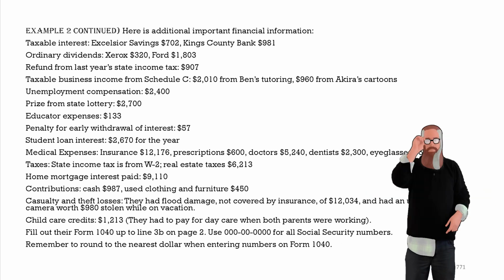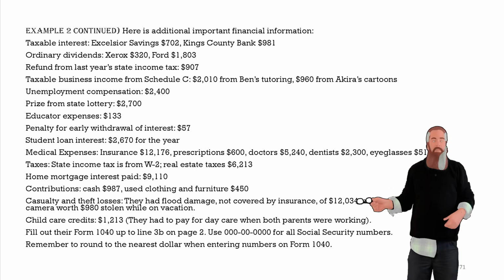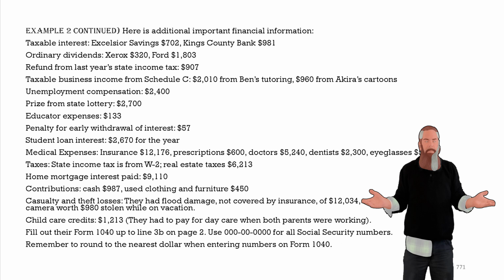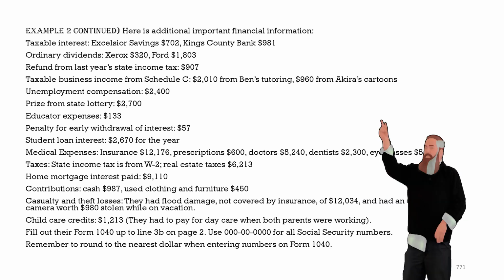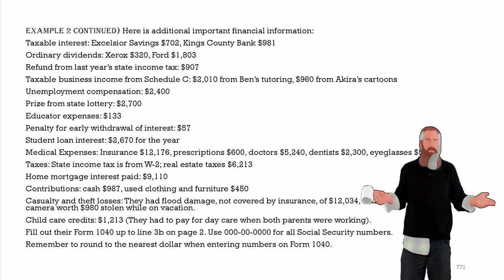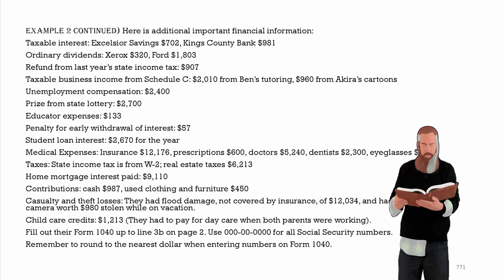Contributions of cash, $987. Used clothing and furniture, $450. Casualty and theft losses. They had flood damage not covered by insurance of $12,034 and had an uninsured camera worth $980 stolen while on vacation. Child care credits of $1,213. They had to pay for daycare when both parents were working.